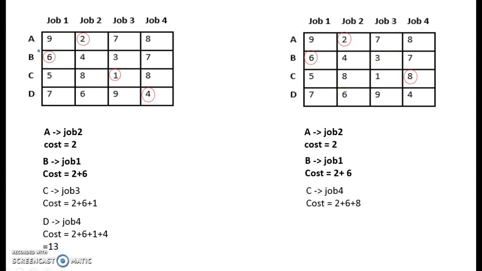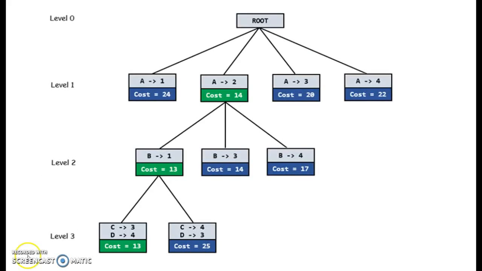Now adding a minimum value from row 4, excluding column 2, column 1 and column 4, 9 is the remaining value. Then add the 9 to the total cost: 2 plus 6 plus 8 plus 9 is equal to 25. If we assign job number 3 to person C, the total cost will be 13. If we assign job number 4 to person C, then cost will be 25.